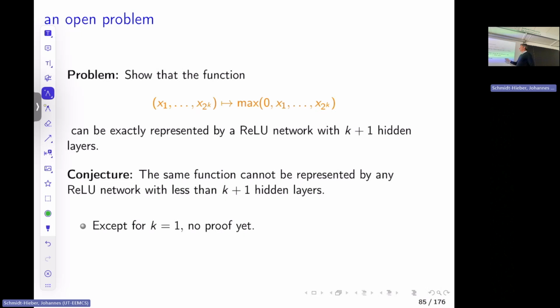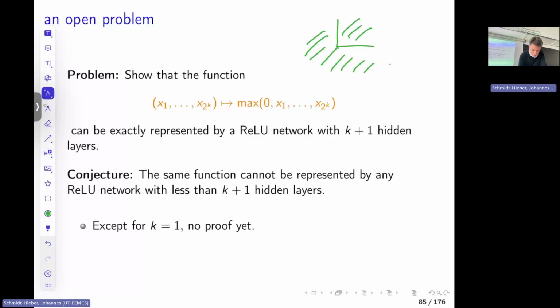The conjecture now is that k hidden layers are not enough to represent that function exactly. And this is obvious for k=1. How does this maximum look like? It looks like this. Those are 3 linear pieces, right?